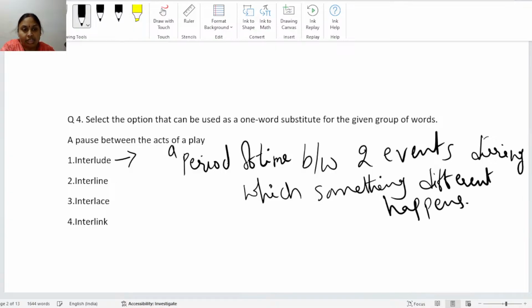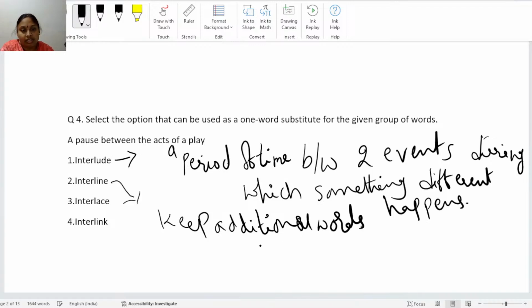So next, interline. What is the meaning of interline? So when it comes to the interline, between the two lines or documents, we are going to keep additional words. Between the two lines or two documents, whatever it may be, we are going to keep additional words.